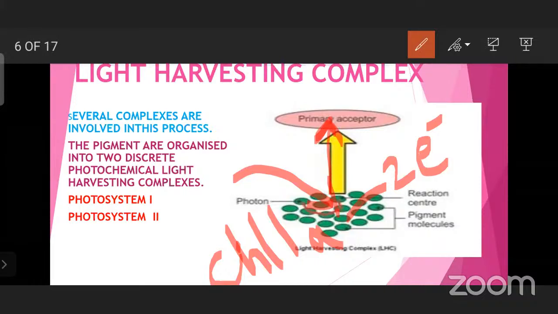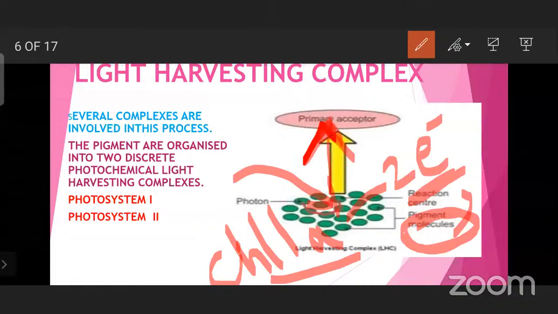So remember, in the light harvesting complex, energy is trapped by the accessory pigments, chlorophyll B and carotenoids, and they are giving it to the reaction center, that is chlorophyll A. Chlorophyll A becomes a high energy state, and immediately a pair of electrons jump with that energy, and it is taken by the primary electron acceptor molecule.